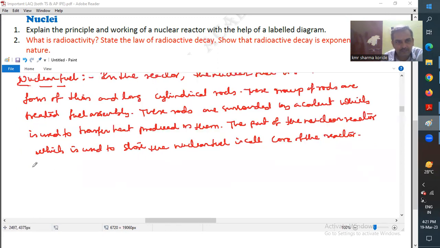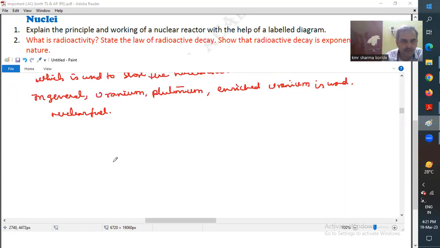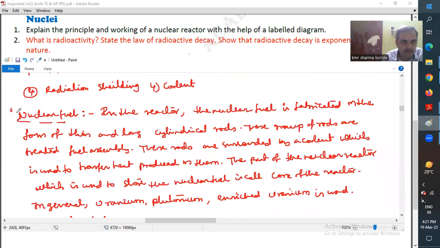So in general, uranium, plutonium, and enriched uranium are used as nuclear fuel. Next, moving to the description of other parts. This nuclear fuel is the first part.